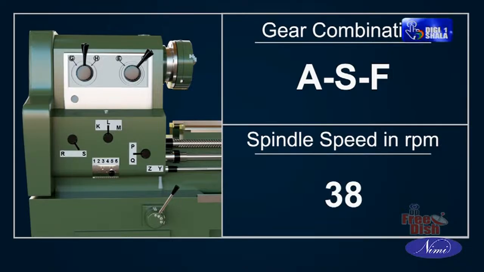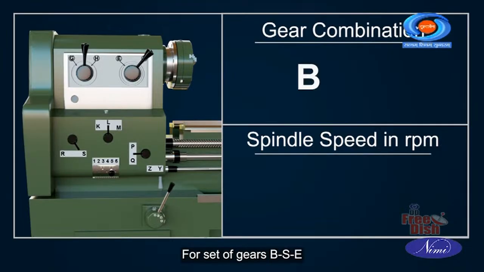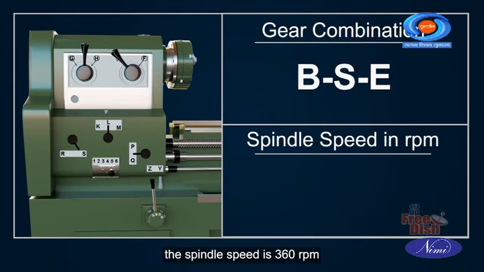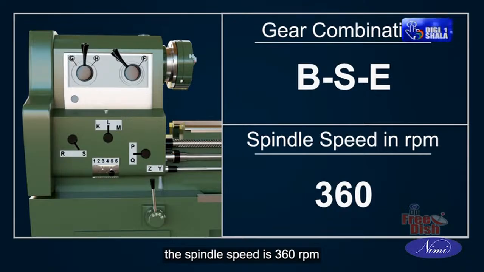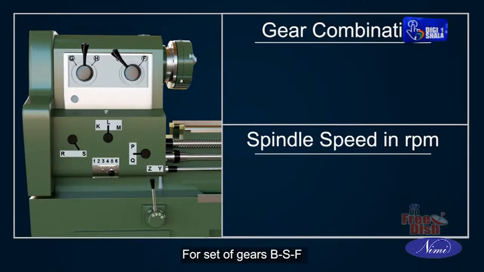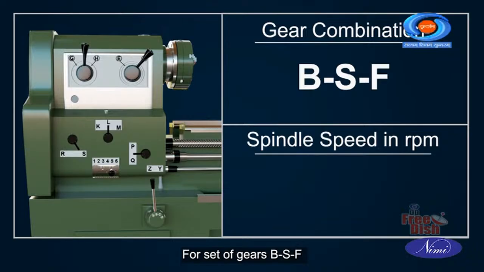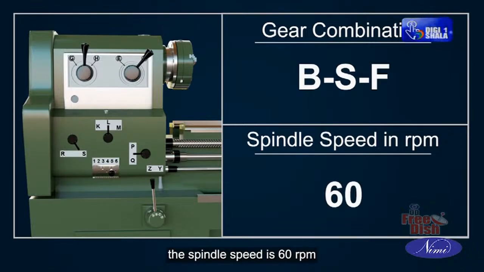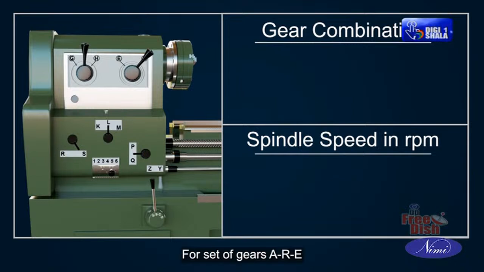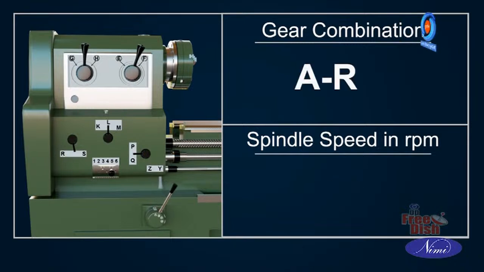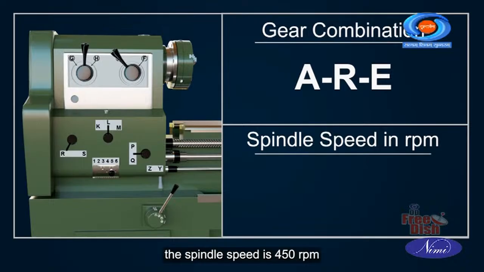For set of gears BSE, the spindle speed is 360 RPM. For set of gears BSF, the spindle speed is 60 RPM. For set of gears ARE, the spindle speed is 450 RPM.